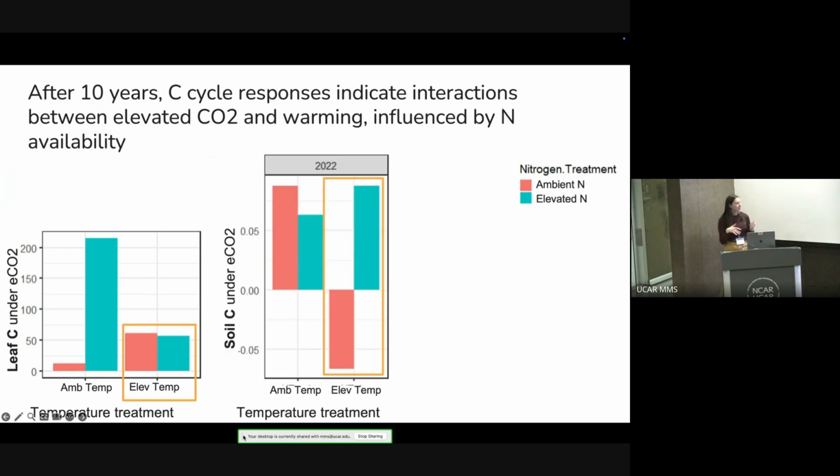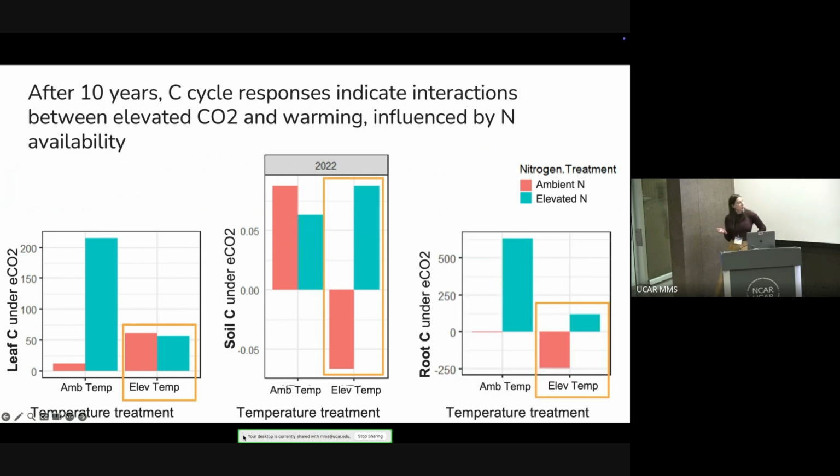But if we move on to soil carbon, we see opposing responses depending on nitrogen availability. What this means to me, as a soil biogeochemist potentially, is that carbon in soil is stored in soil organic matter, which also stores nitrogen. So potentially when nitrogen is limiting, in this ambient nitrogen situation, you might break down that soil organic matter to get nitrogen, and that could be driving these opposing effects.